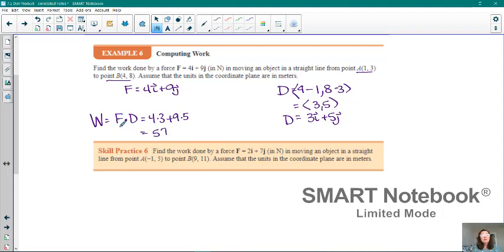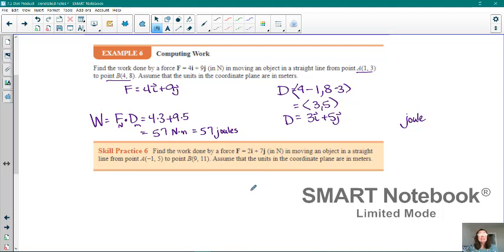Our force was in newtons. Our displacement, sorry, I keep calling it the wrong thing, was in meters. So that's 57 newton meters. A newton meter is also referred to as a joule. Some of you physics people may be more familiar with that. So 57 newton meters, otherwise known as 57 joules.